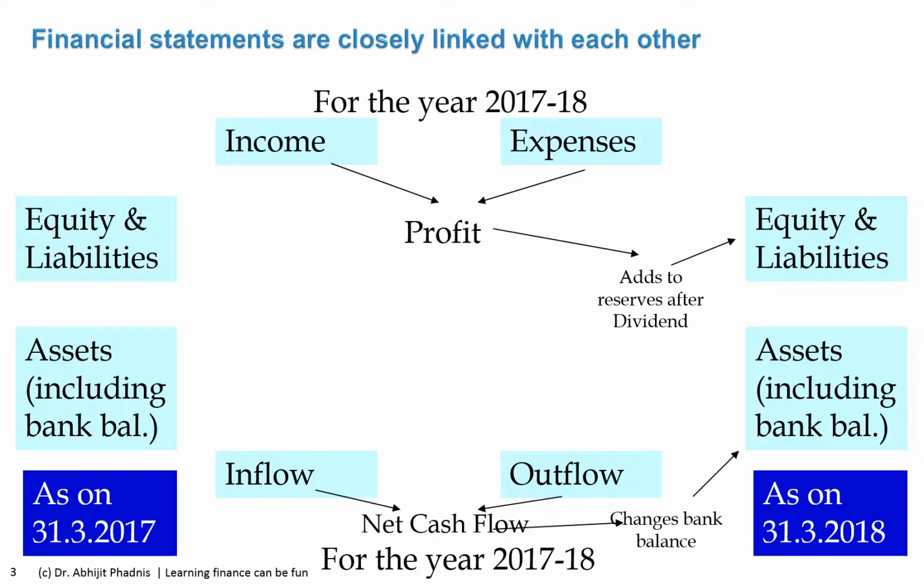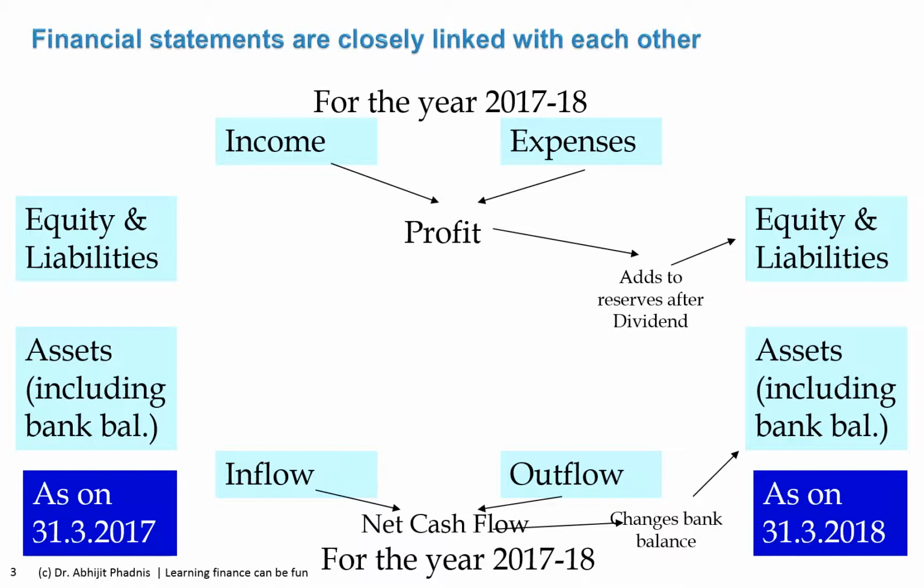So whatever was the bank balance as on 31st March 2017, add to that the net cash flow, of course with the sign positive or negative as the case may be, and then we'll get the ending bank balance. So this is how we see that they're all interconnected with each other.